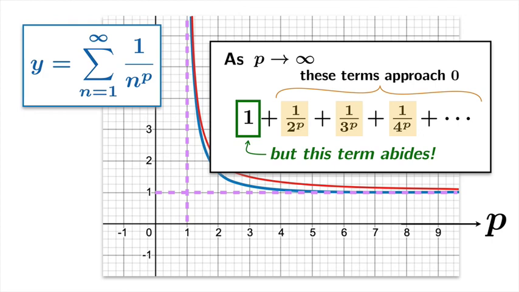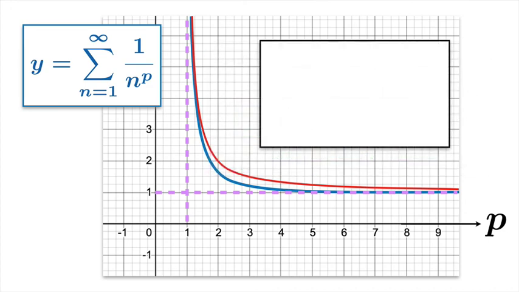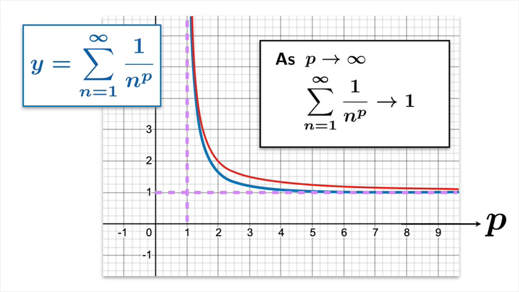You still got the 1. So this horizontal asymptote is consistent with the idea that the higher p gets, the closer this series should get to 1. But let me emphasize that that argument was not a proof. It was just meant to be a plausibility argument as to why you shouldn't be surprised. But it is true nonetheless that as p goes to infinity, the value of the p-series does in fact approach 1.